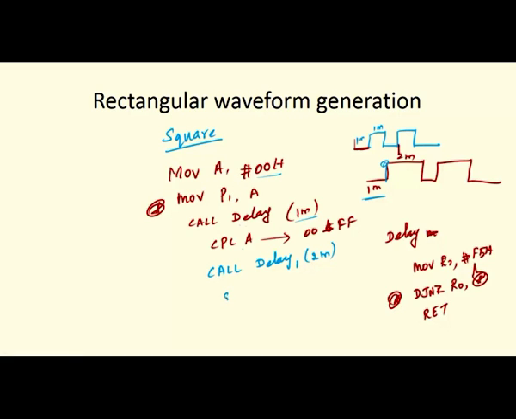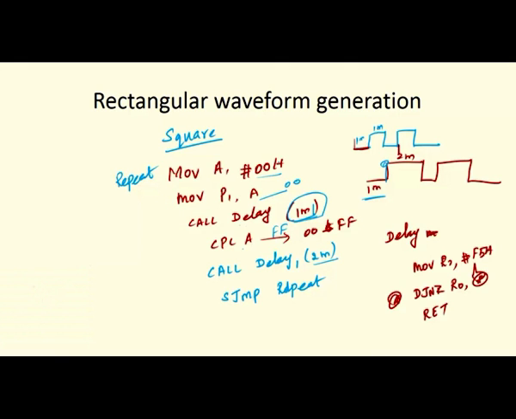You can give it as a short jump to repeat. You can give it as repeat here. Okay. So, what it represents here is that you are giving the value 00, then you are waiting for 1 millisecond, then complementing to FF, then waiting for 2 milliseconds, then again it goes back, so here you have to give repeat.